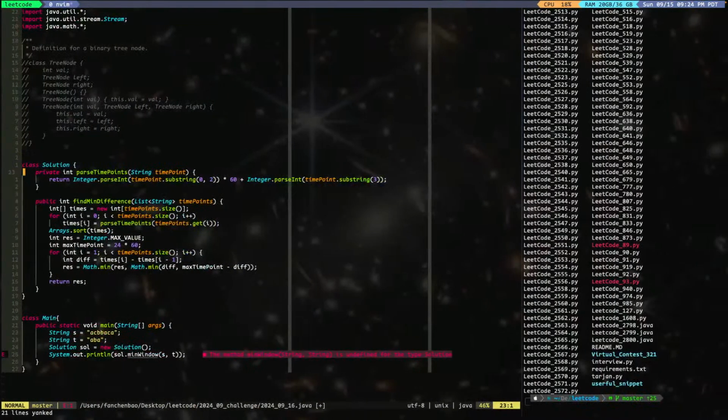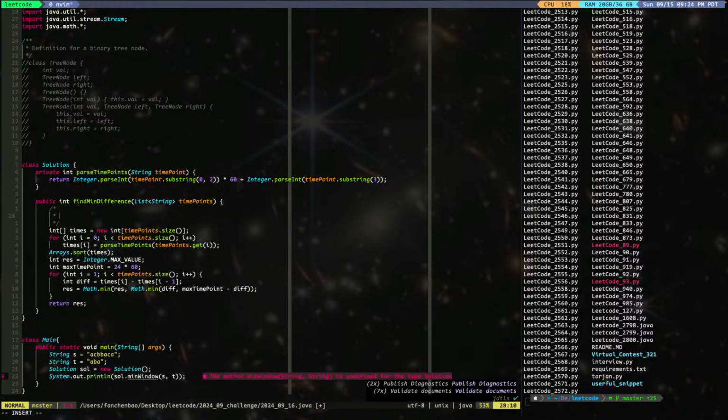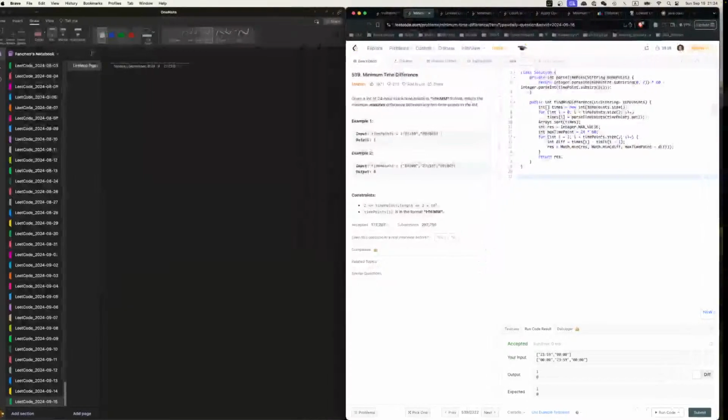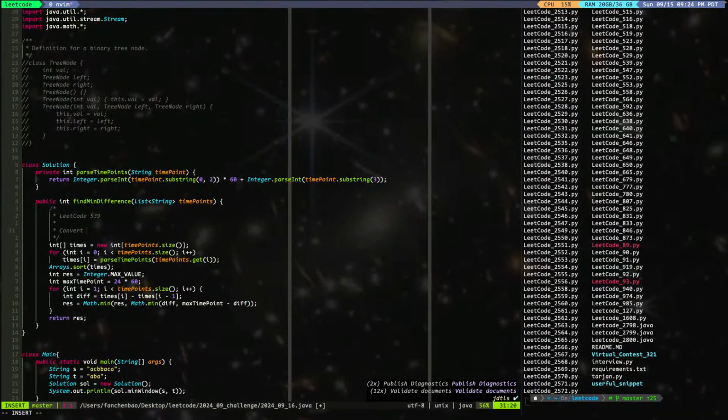Okay, so let's see. Convert time point into its corresponding minutes. Oh, that is the issue.